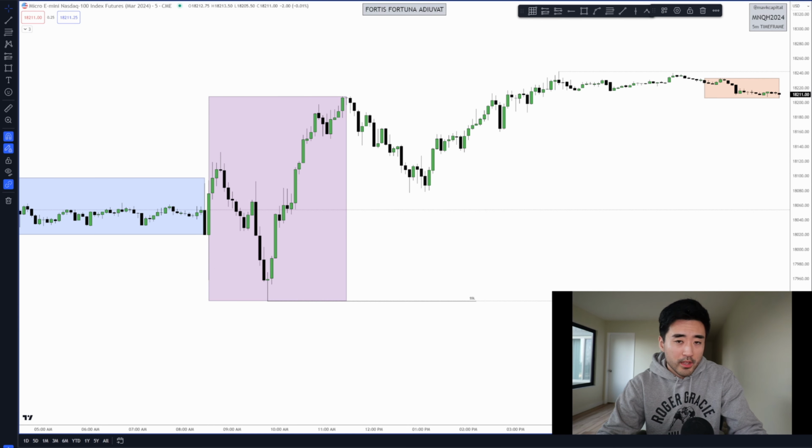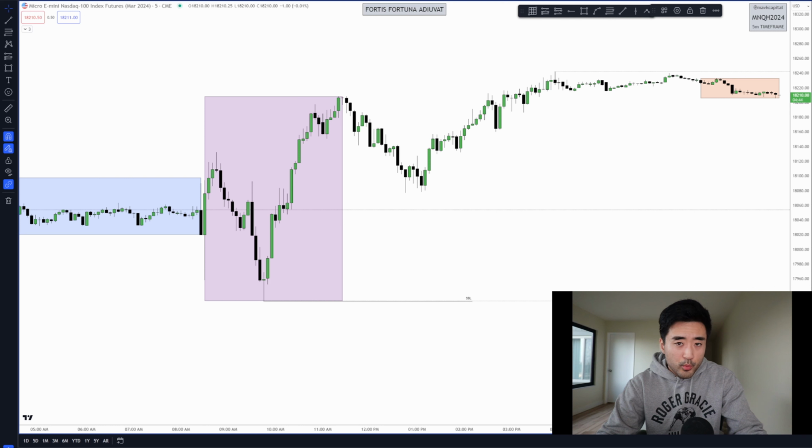And then in general, the types of news you want to be avoiding are things like CPI, NFP, FOMC. Those are the big three, in my opinion, that inject a ton of volatility into the market and can basically sweep both buy side and sell side at the same time before actually proceeding with where it wants to go.